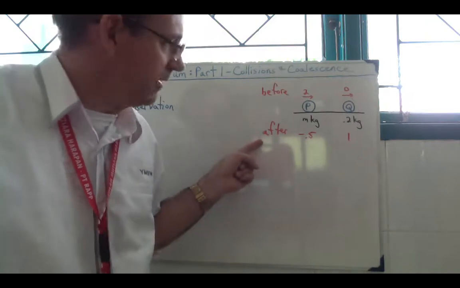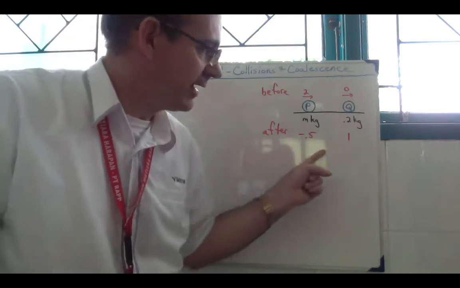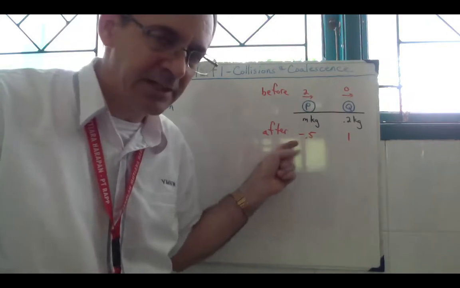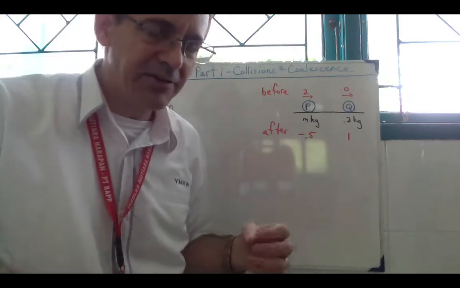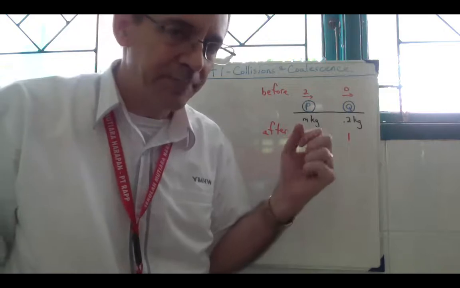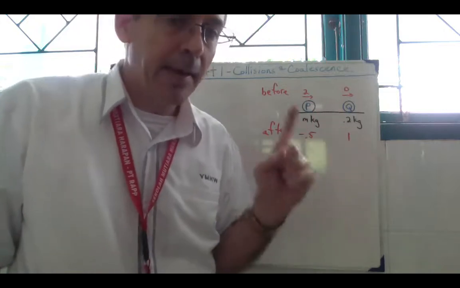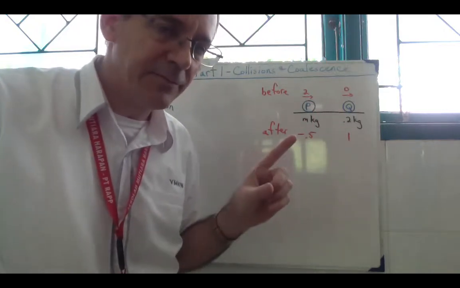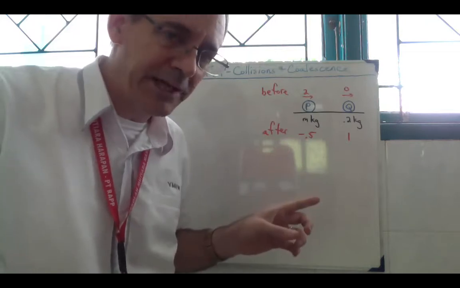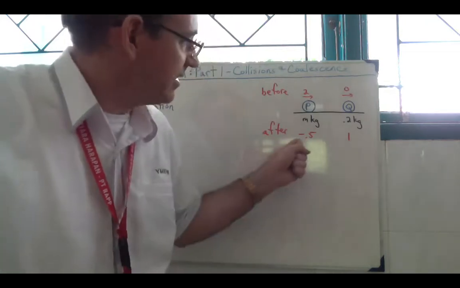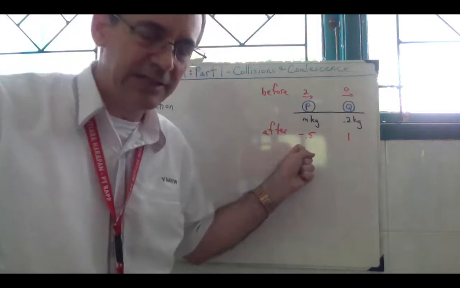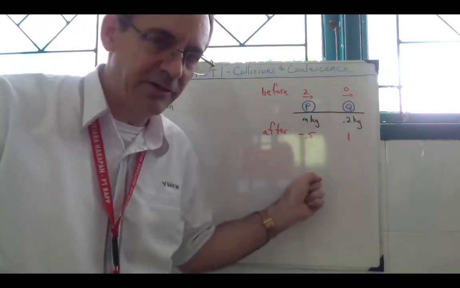After the collision, it says that they are going in opposite directions. Now, direction doesn't really have anything to do with momentum per se, but the fact that it's going in the opposite direction changes the sign of the velocity. So it will make a difference in your calculation.